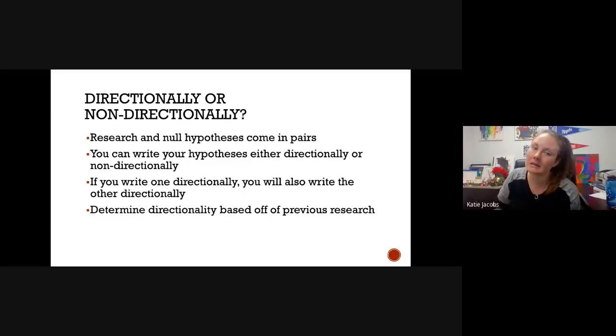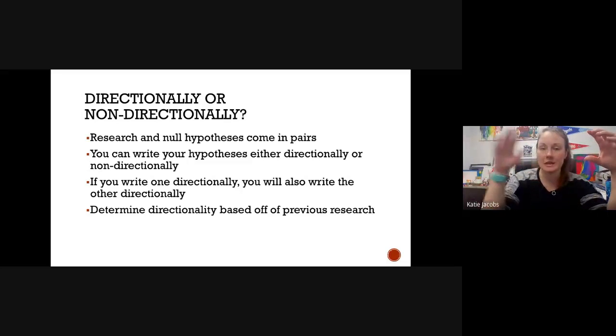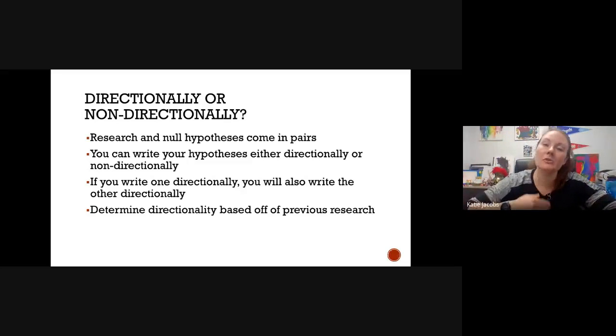And the way that we write hypotheses directionally or non-directionally typically comes from previous research. It depends on which research question you specifically have. So for example, if I want to see if people who eat chocolate every day are significantly happier than people who do not eat chocolate every day, if we think they're going to be significantly greater than the other group, then I'm going to write my hypotheses directionally.